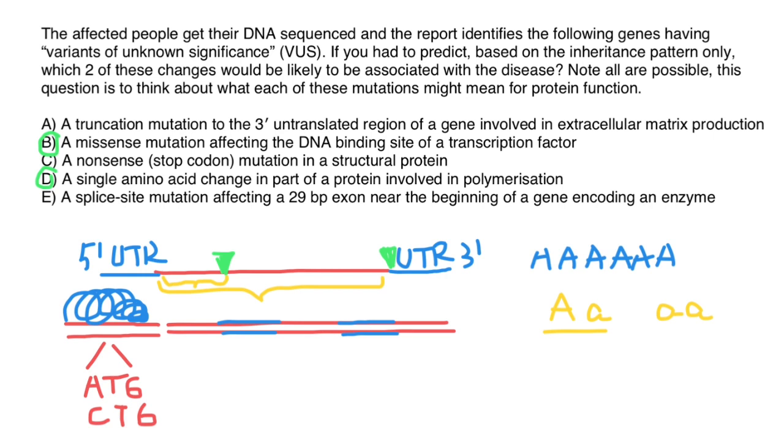So because we have to choose only 2 variants out of these 5 variants, this is going to be B and D. And also I want you to pay attention that there is going to be a loss of 29 base pairs. If the loss would be of 30 base pairs, this means the protein is going to just lose 10 amino acids.